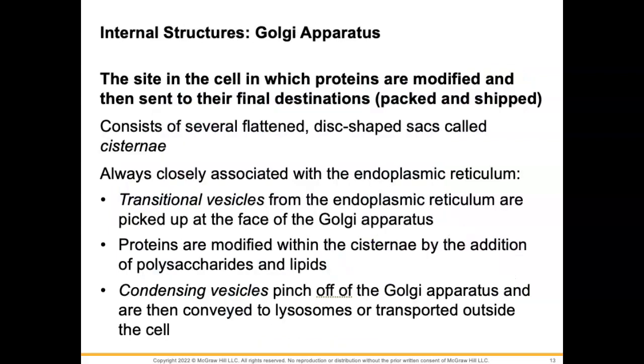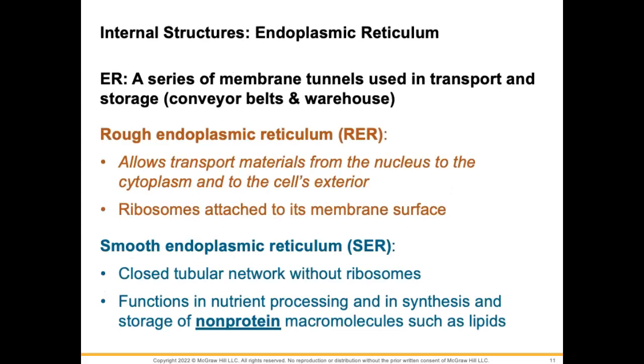It's a good picture. So more internal structures, the Golgi apparatus, the site in the cell in which proteins are modified and then sent to their final destinations, or packed and shipped. And I just want to back up here, because one of the things I forgot to point out is that when I talk about ER, think of ER as the conveyor belt in the warehouse when you're making a product.